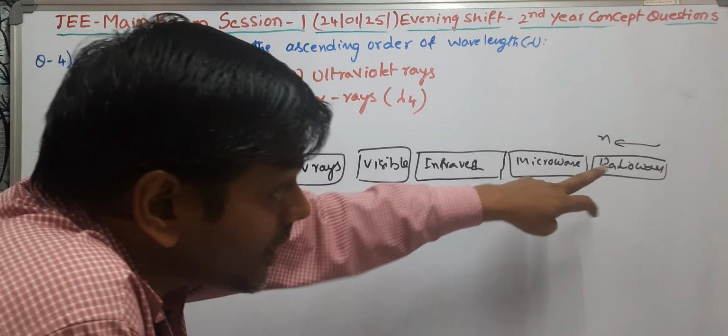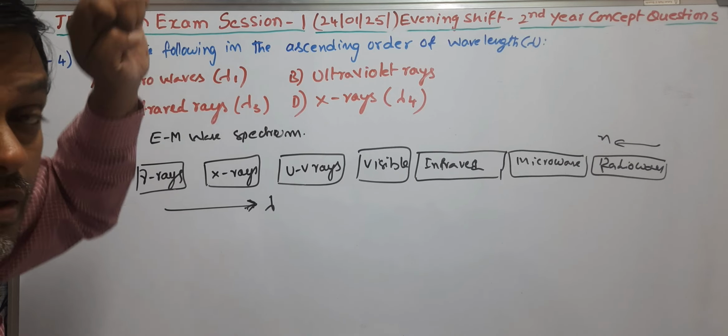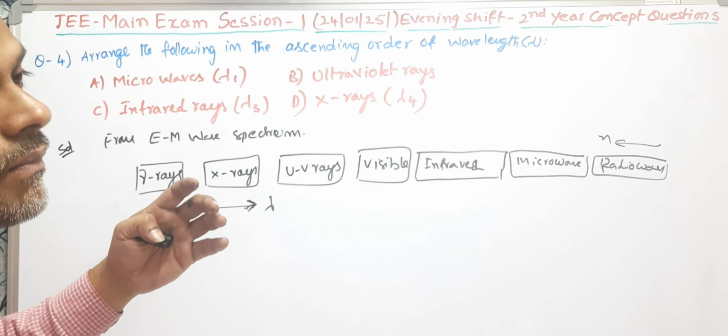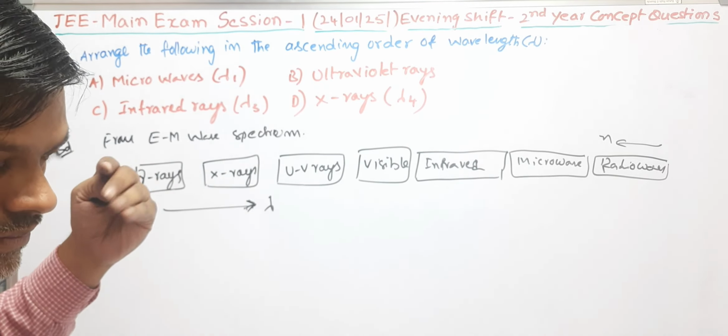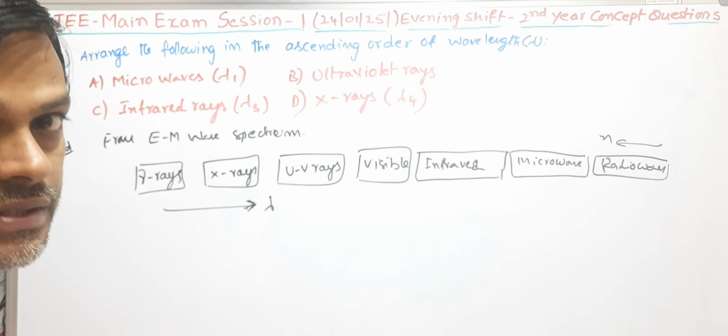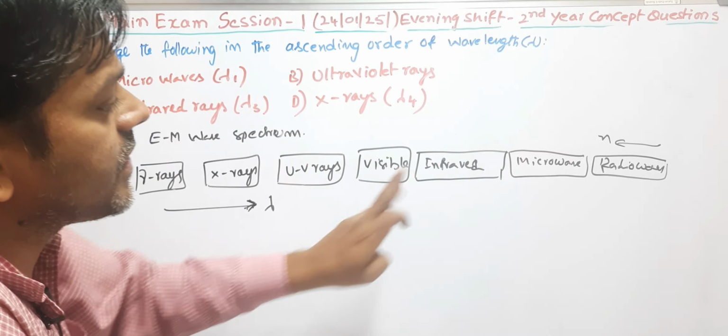That's why radio waves are used for long distance communication through artificial satellites. So these are very long range, then microwave, then infrared, like this.